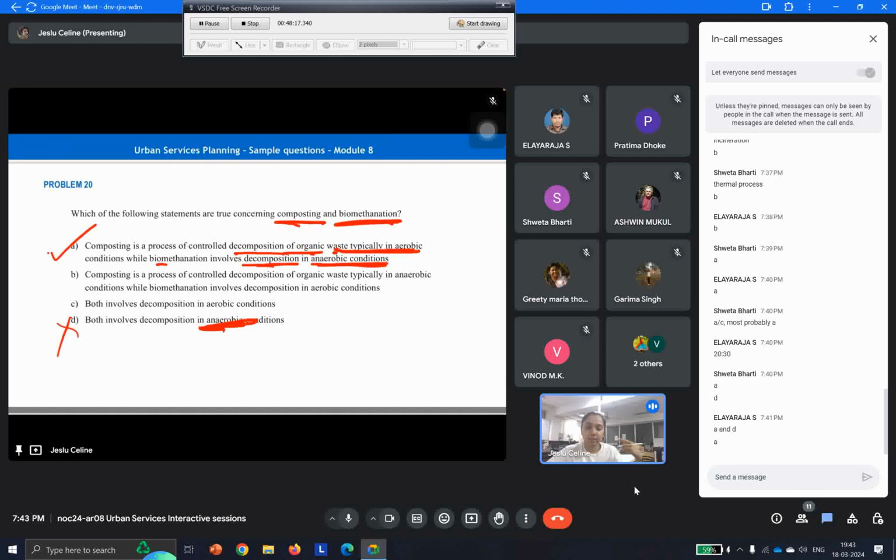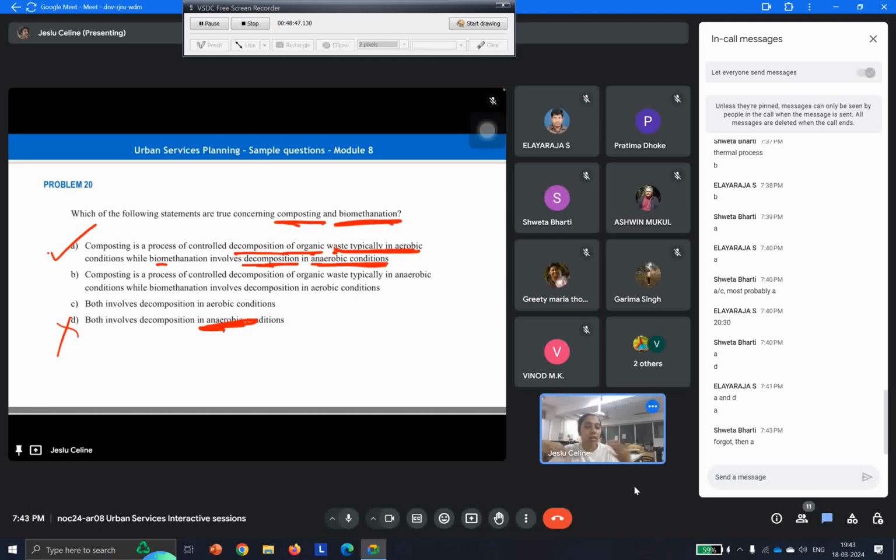If you recollect, we discussed in last week's module that when an adequate amount of oxygen or air is not there, it creates problems in composting, and because of this, we provide air. After 4 to 5 days, we turn the waste using some mechanical methods, or we upturn it so that adequate air can enter, and we also ensure that moisture doesn't clog the pores and doesn't allow air to enter.